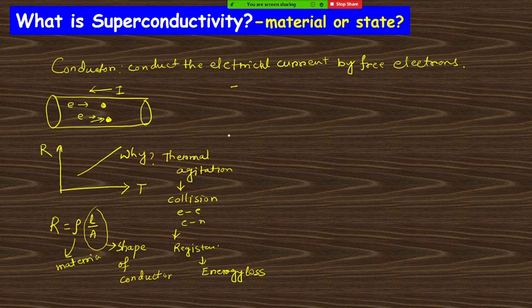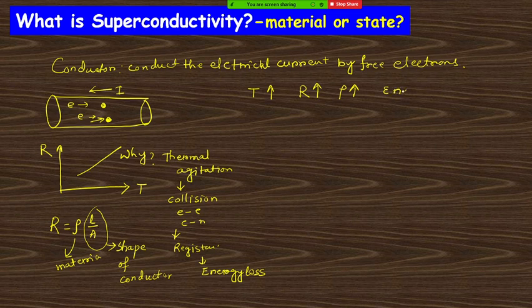So, to minimize this energy loss, scientists thought that if we reduce the temperature, the resistance will be reduced, because if temperature increases, resistivity also increases, which means energy loss.